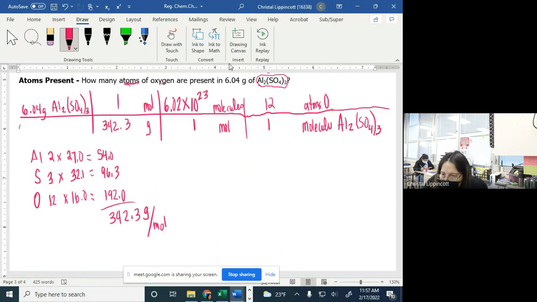Okay. So how many atoms of oxygen do I have? 3 sig figs, so 1.27 times 10 to the 23rd, and that's going to be atoms of oxygen. Good? Thoughts? Questions?